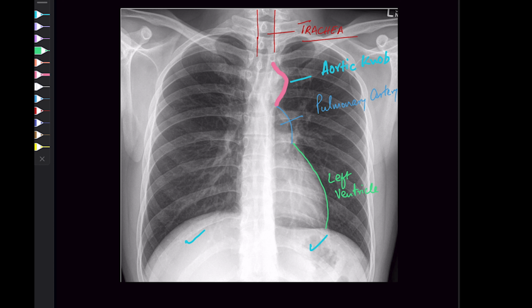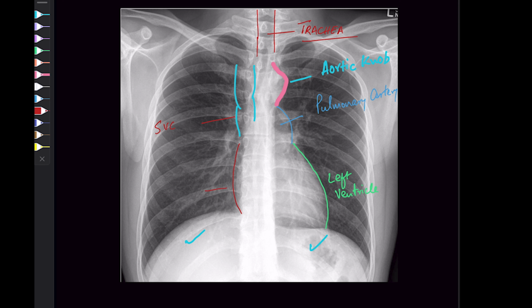Now, let's make the right border. For the right border, we can see very clearly, this is the location where we can see the superior vena cava and the ascending aorta. So this is one structure. The second structure you can see very clearly here, and that is what? This is what I said, it was superior vena cava. And now what is this structure?